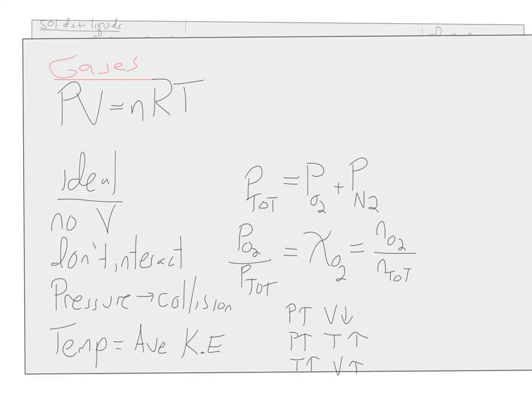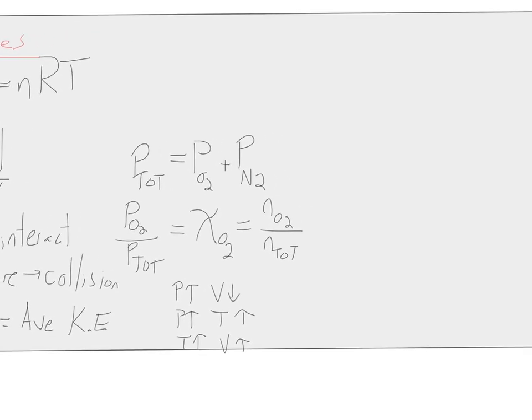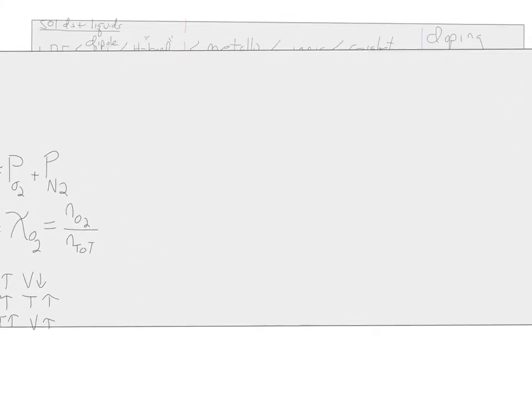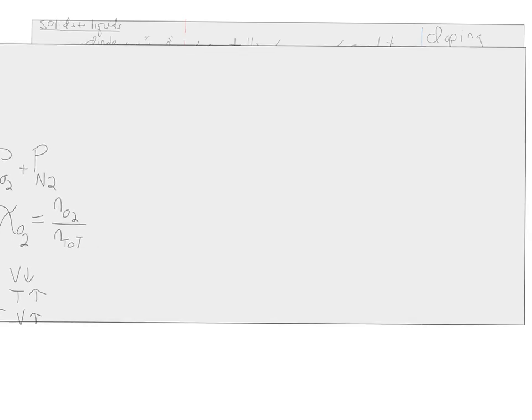The last part here of the gas laws is distribution curves, which are really common to see in a myriad of ways. But when we look at a distribution curve, the y-axis here is number of molecules.